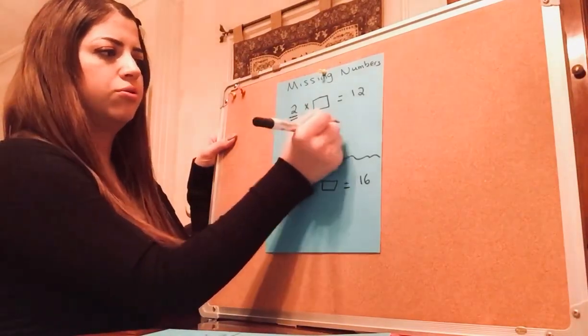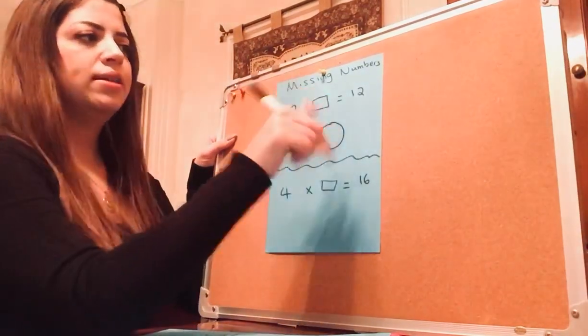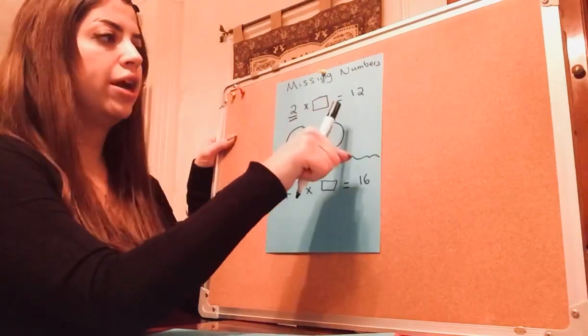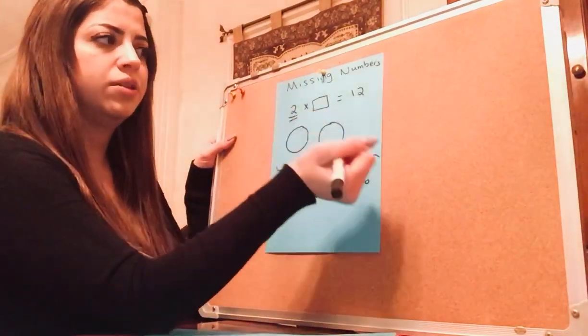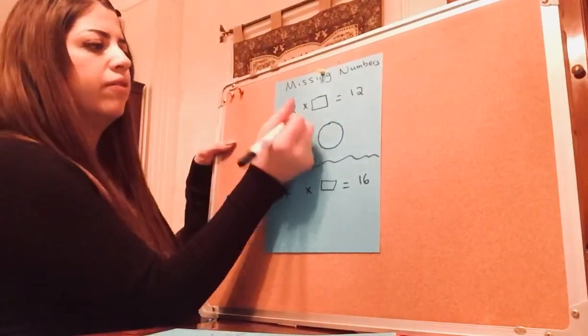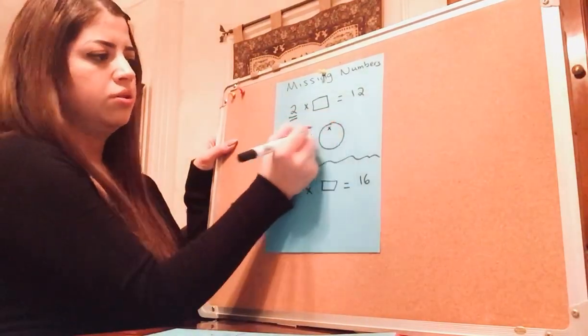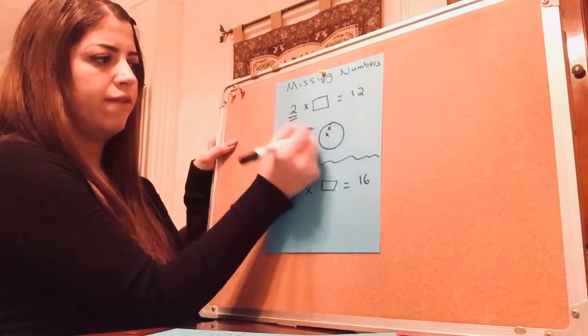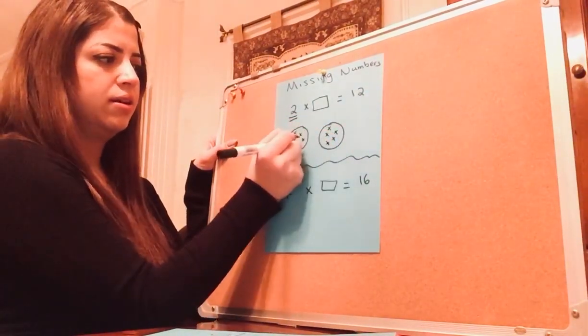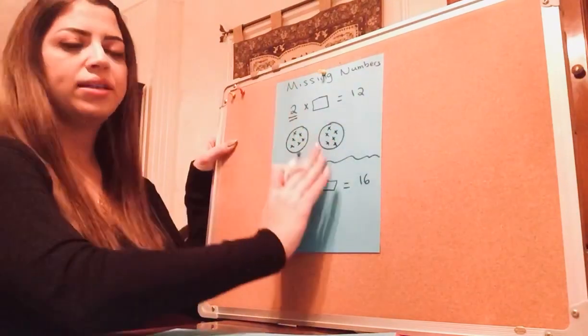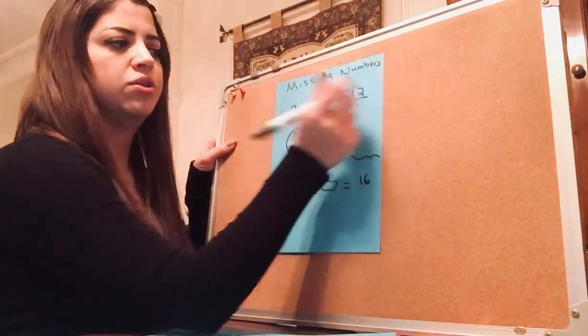I can draw 2 groups, and inside I have to equally share 12 things. So what I can do is I can keep placing an item in each group until I reach the number 12. 1, 2, 3, 4, 5, 6, 7, 8, 9, 10, 11, and 12. I stop at the number 12 because that's how much I have.